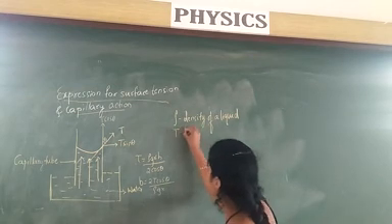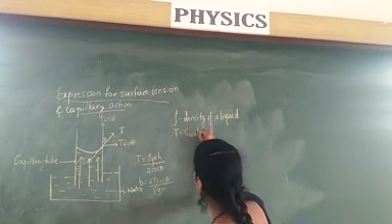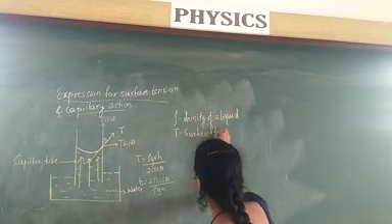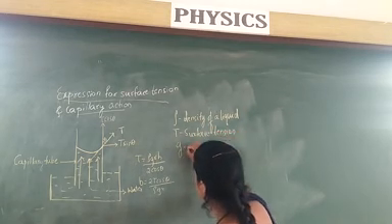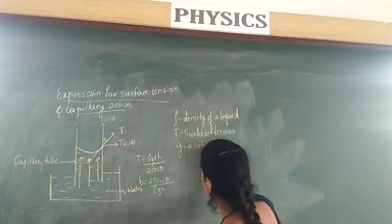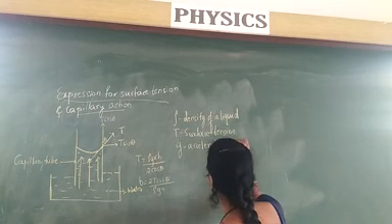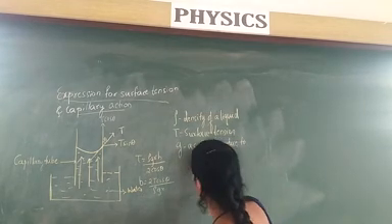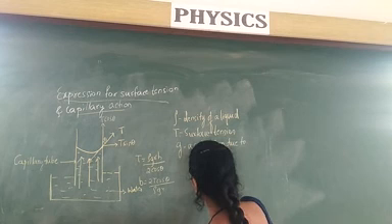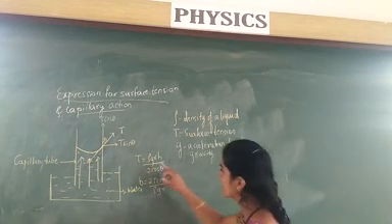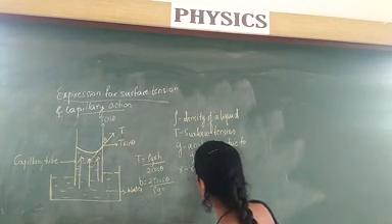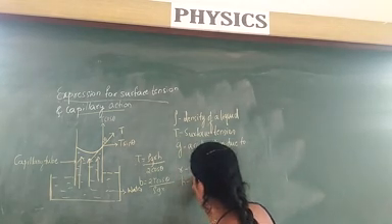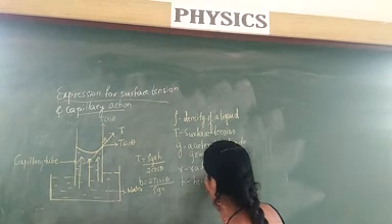T means surface tension. g means acceleration due to gravity. r is the radius. h is the height of the water level.